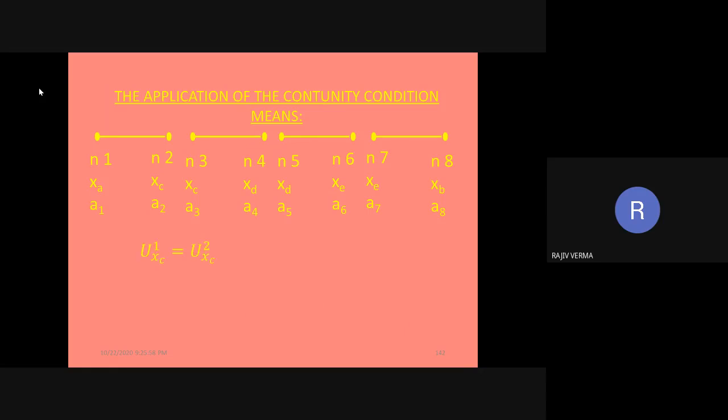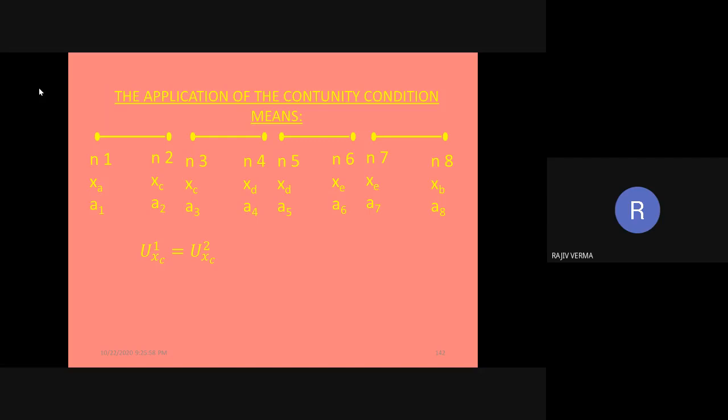Enforcement of the continuity condition means that at the common point between element number 1 and element number 2, which is given by xc, the value of the unknown parameter for element number 1 at xc should be equal to the value of the unknown parameter at xc for element number 2.